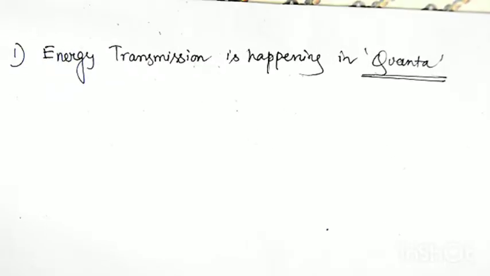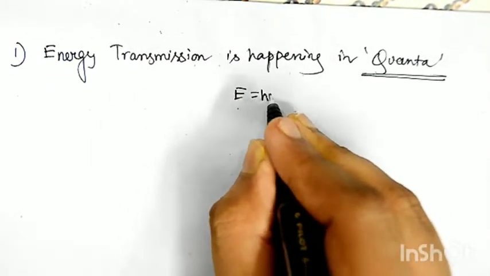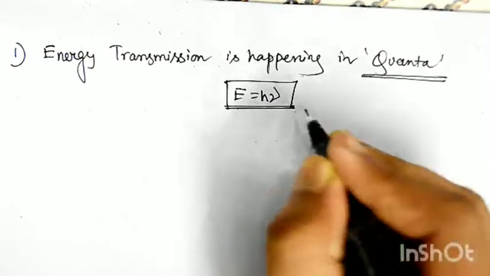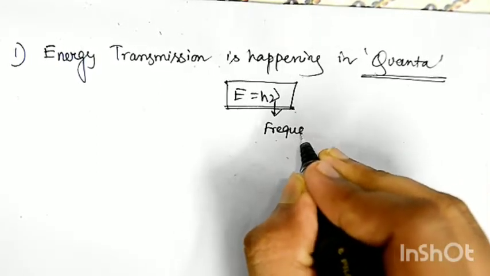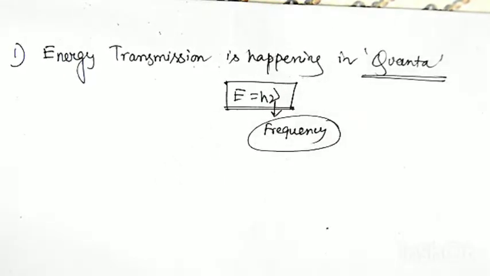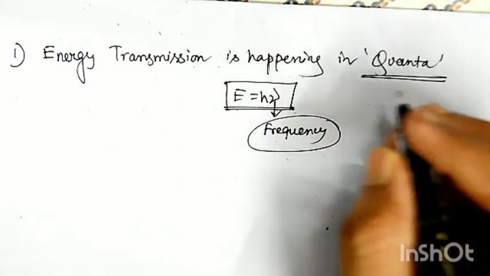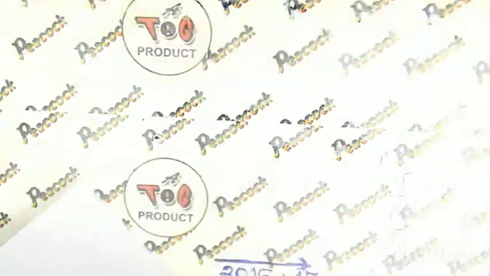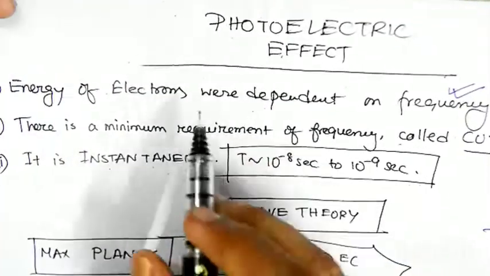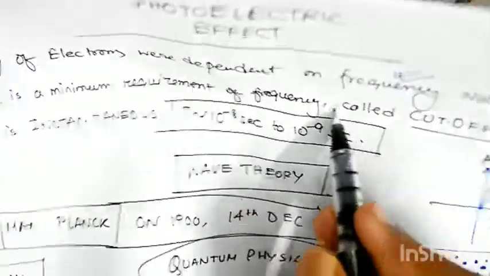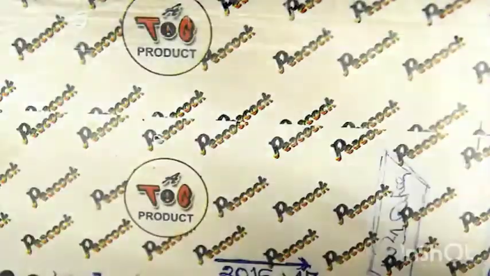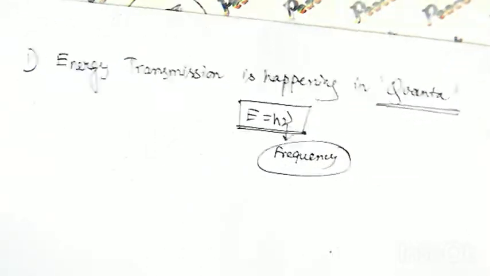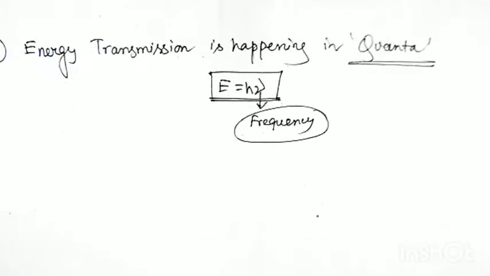So each and every part has E equals h nu amount of energy. You can see energy is proportional to frequency and not to intensity or amplitude. This solves our first problem. Our first problem was that the energy of the electrons depended on frequency, not on intensity. This is solved by this assumption in quantum physics.